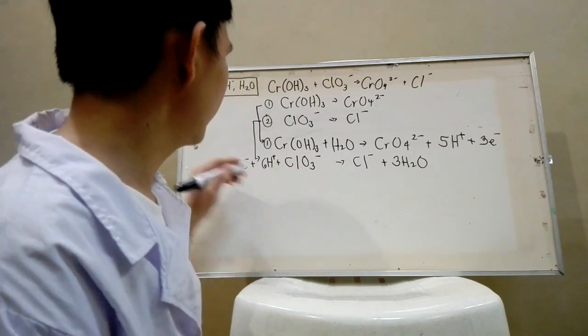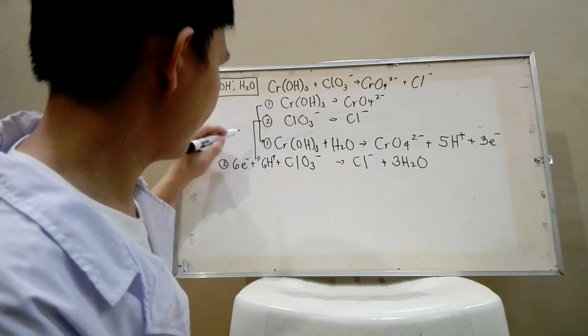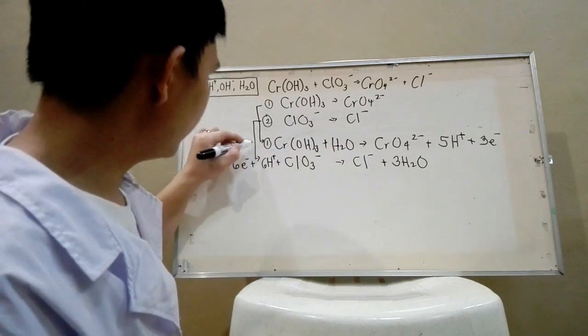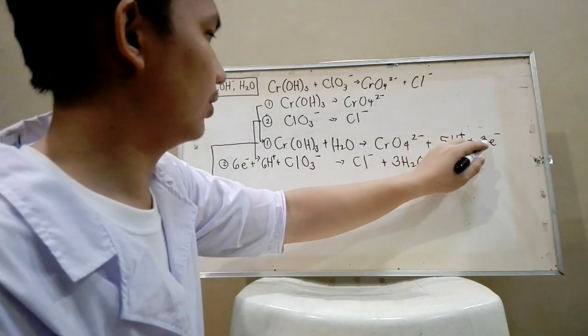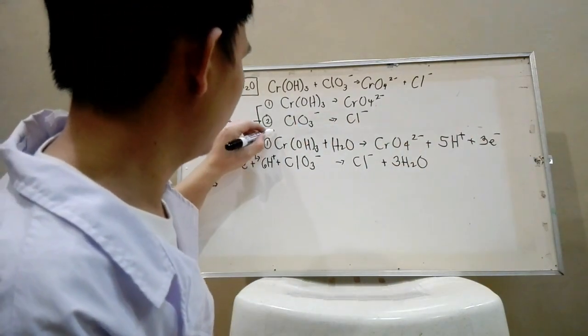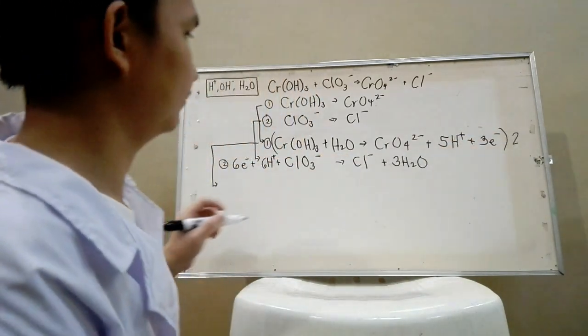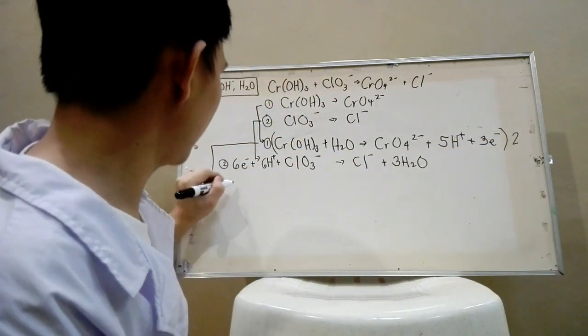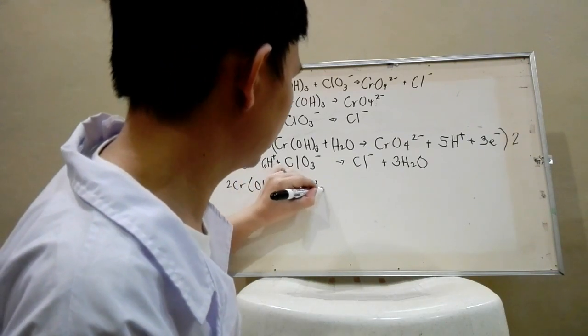So we move to the next step. We should balance our electrons. So we have to multiply this whole equation by 2. So this will turn into this.